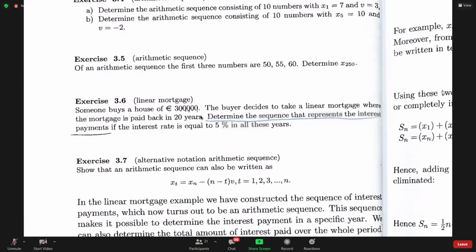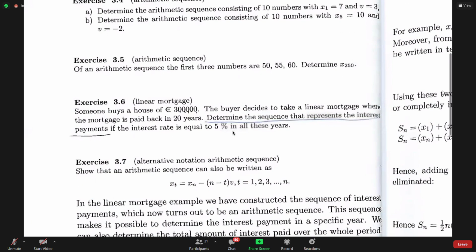That's how much money they have to pay yearly back. We are asked to determine the sequence that represents the interest payments if the interest rate is equal to 5% in all of those years. Great, that's what we have to do.